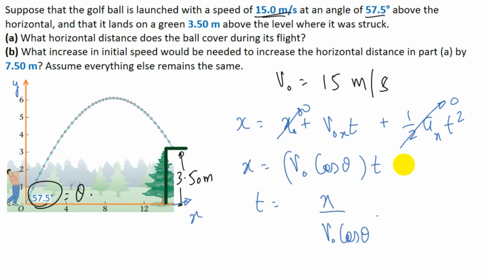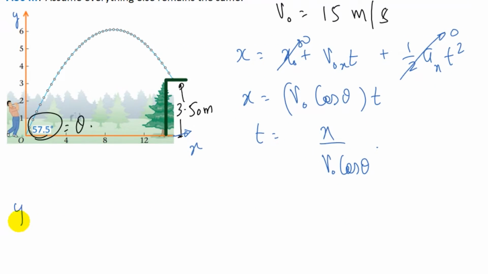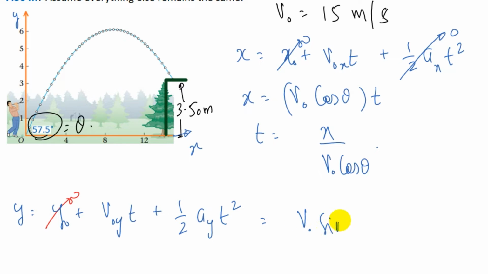Next let's see the vertical motion. For that we can use this equation: y equals y0 plus v0y times t plus 1 over 2 ay t square. Now y0 is 0, so it becomes v0y, which is v0 sine theta, multiplied with t. Acceleration we have minus g, so minus 1 over 2 g t square. Now let us put the value of t here.